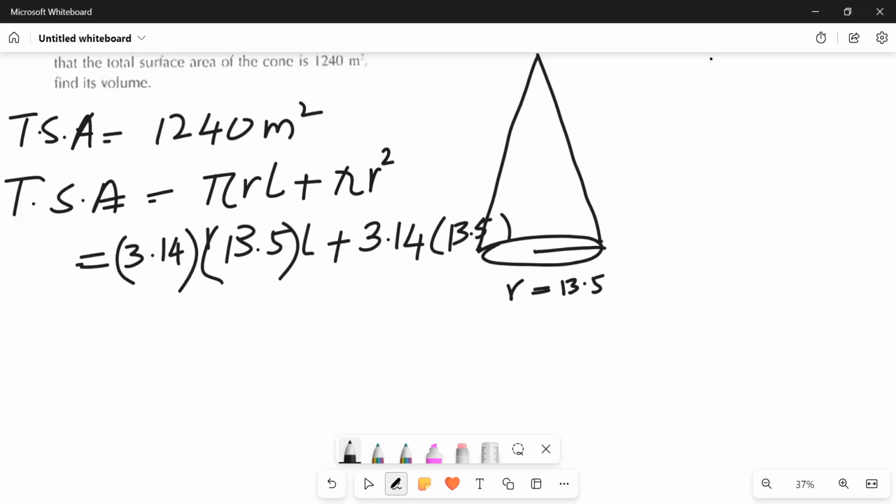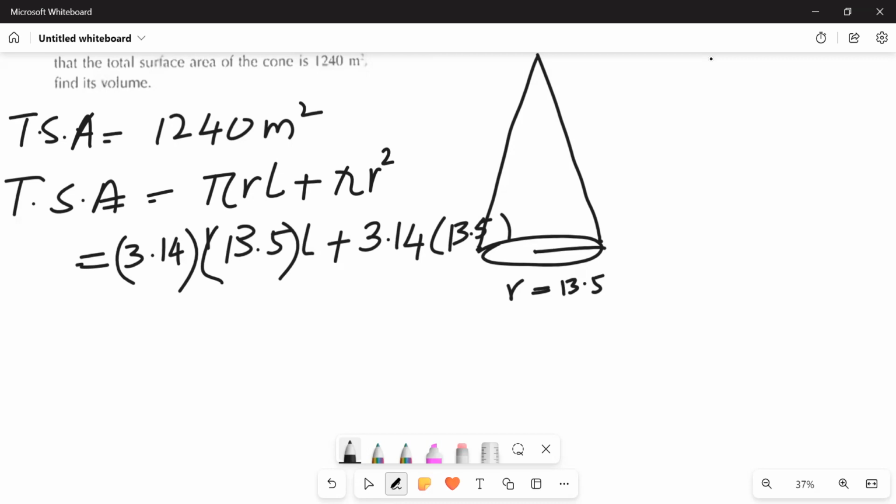Now look here. We have 3.14 multiply with 13.5. What is the answer for this?